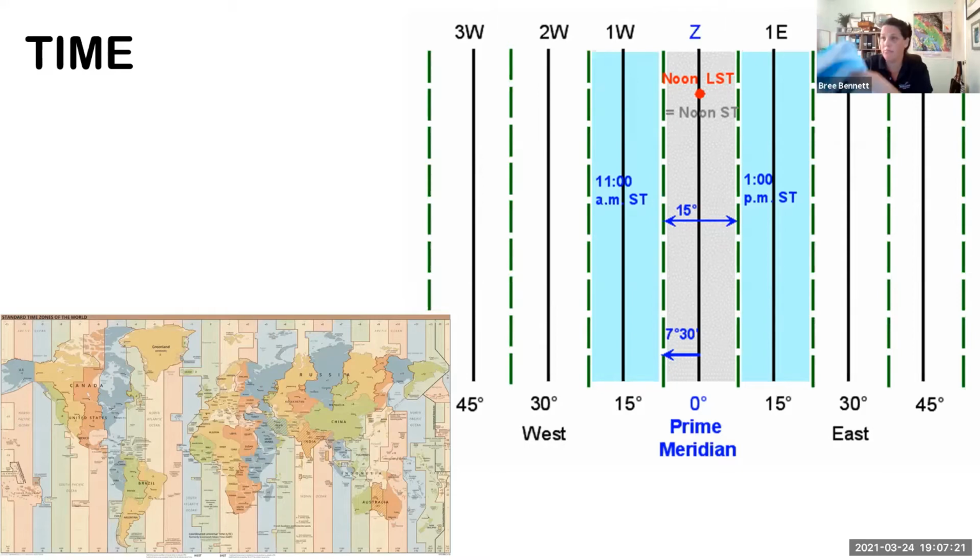But this one does. I'm going to show you where you can see that on every single page. It tells you what zone description they're using, so you can know if your boat is on that local time as well.